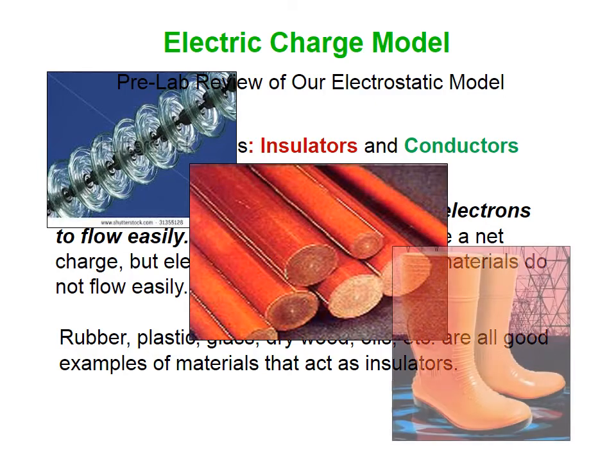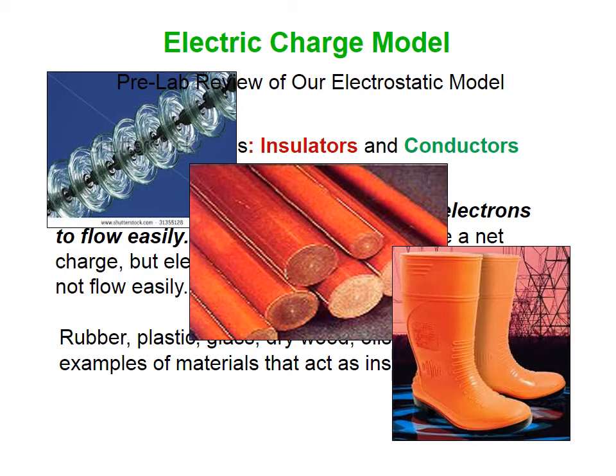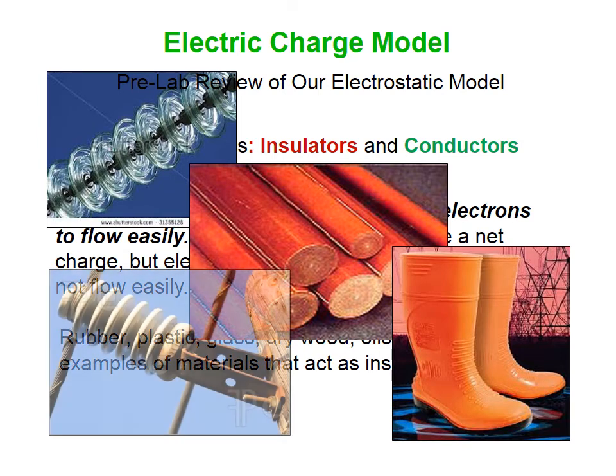Wood is an insulator, rubber is an insulator, so people working in electrically charged situations often wear rubber boots to keep electrons from flowing through their body and into the ground.